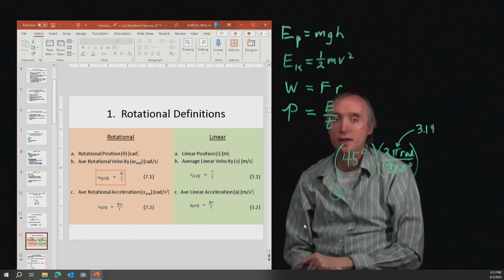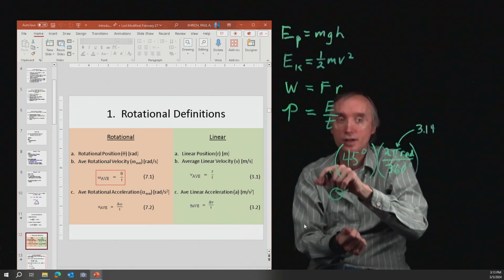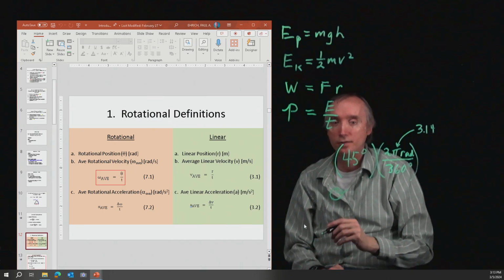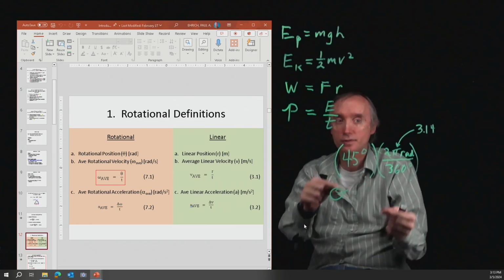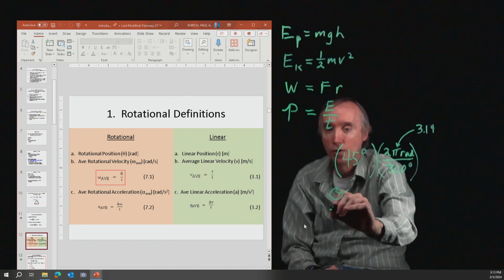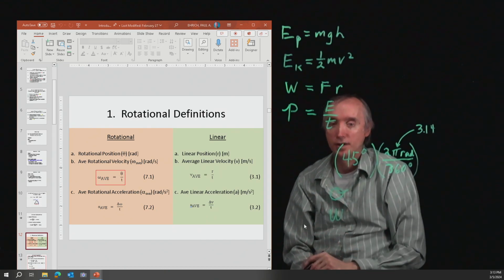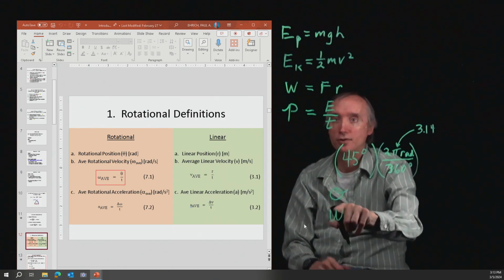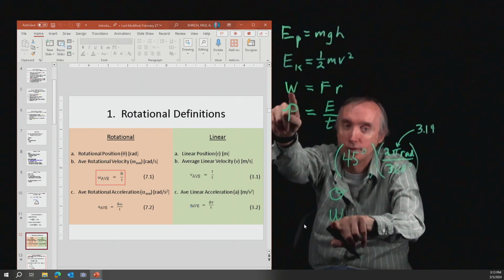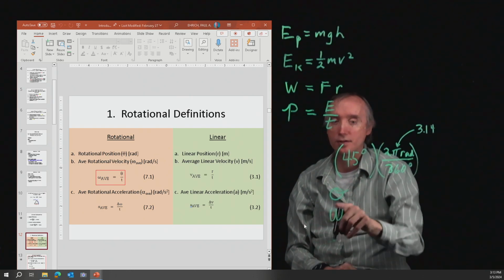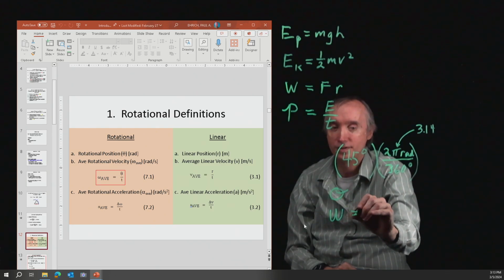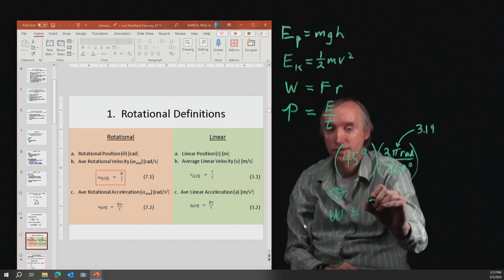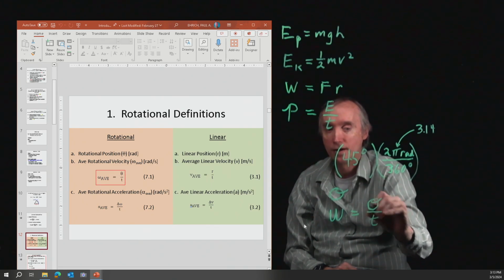Then the speed at which a tire rotates is given by omega. It kind of looks like a W, but this is the Greek letter omega, and it is the distance that something rotates per unit time.